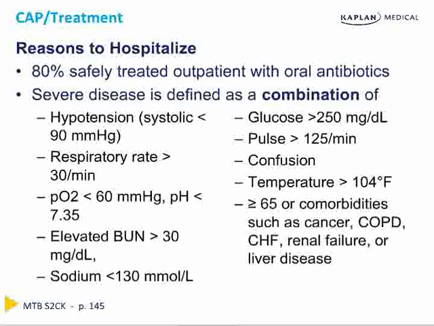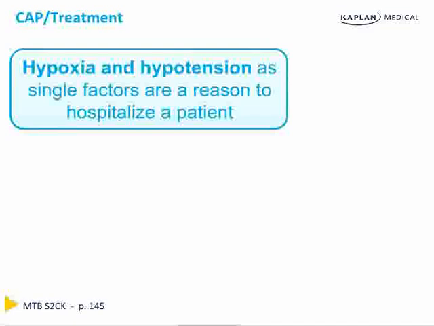Also, if the patient is greater than 65 or has comorbidities such as cancer, COPD, CHF, renal failure, or liver disease. Any combination of these criteria should result in hospitalization. However, if hypoxia or hypotension are present, even if these are just single factors, they are enough to admit the patient for community-acquired pneumonia.